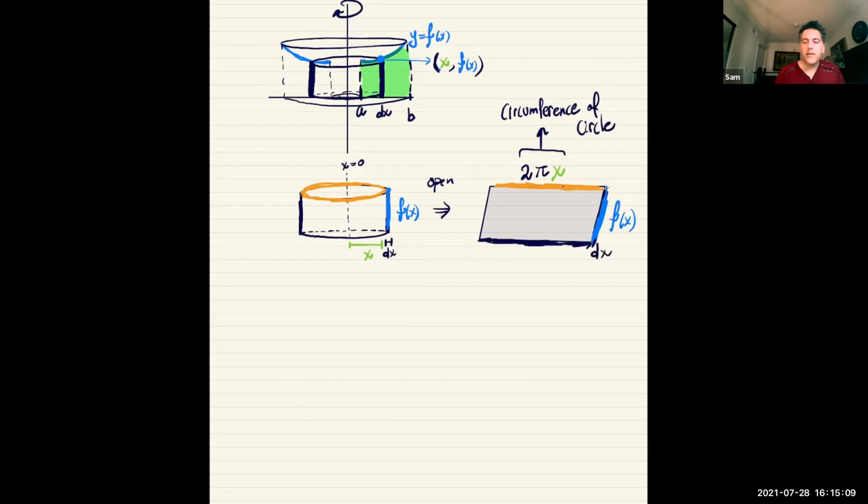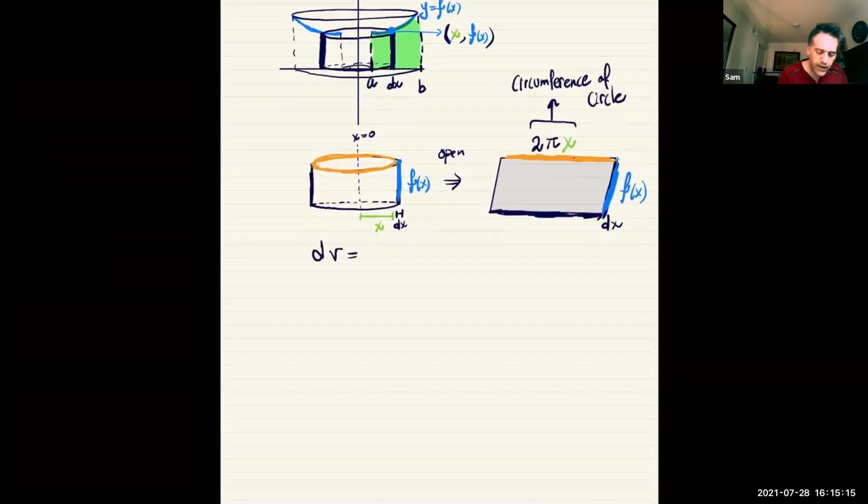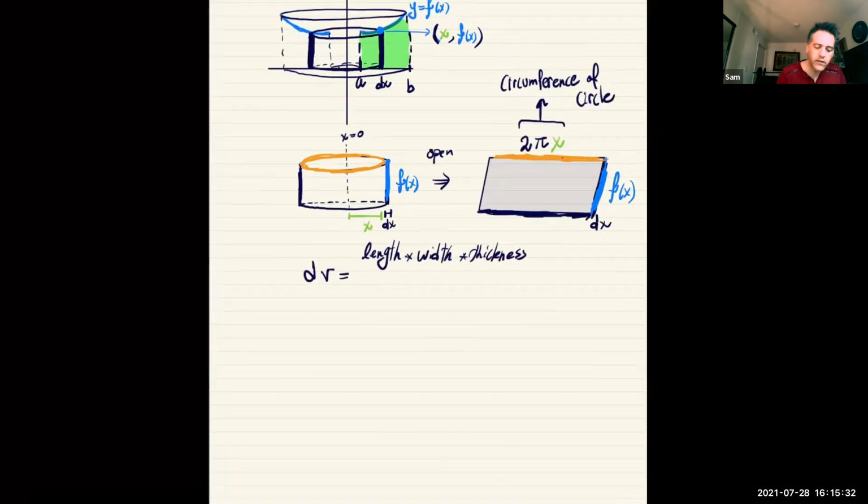So how do you find the volume of this box? dV, we just take length times width times thickness. Length here is 2 pi x.